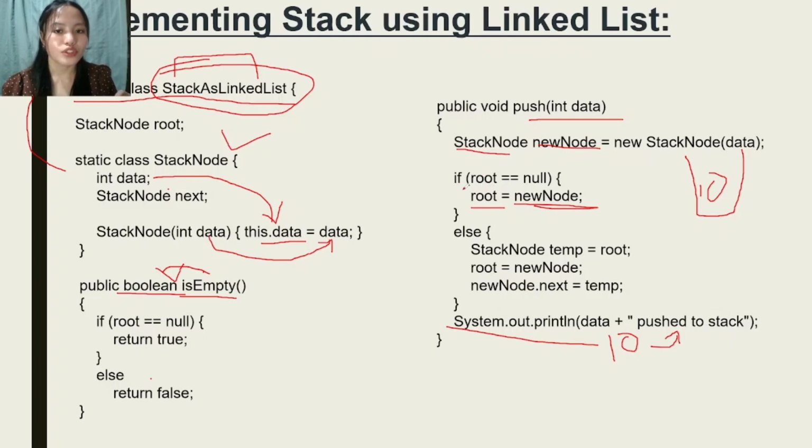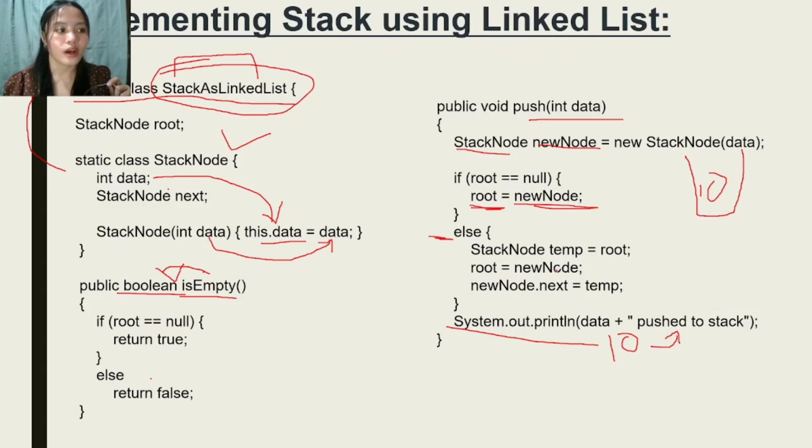Then we will check if root is equal to null. If root is equal to null, our root will be the new node. However, our root is not equal to null. Our stock is not empty because we have already pushed a value just earlier, which is 10. We already have a 10 in our stock.